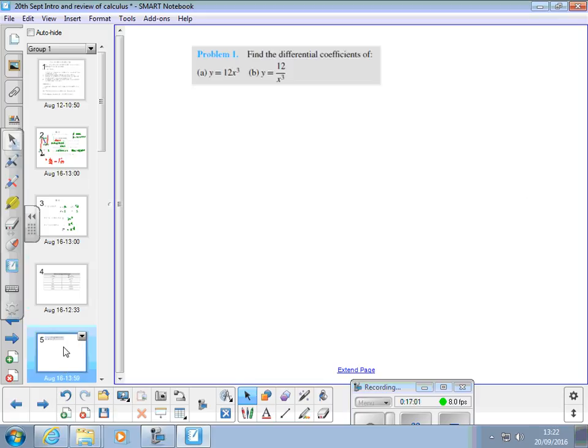So, on that basis, how do we find the differential coefficient of y equals 12 x to the 3? What do we have to do? Bring the 3 down. So we're going to write 3.